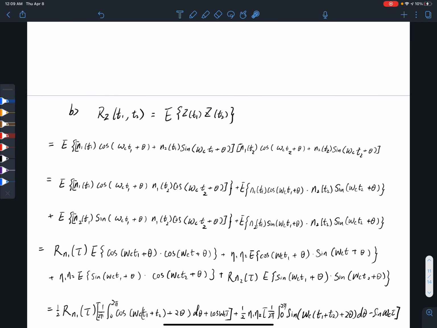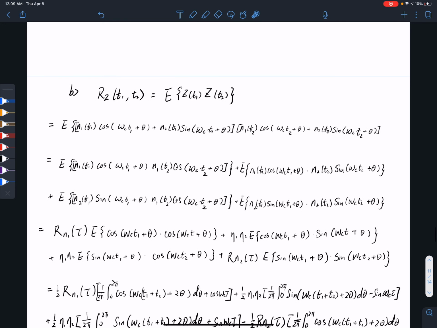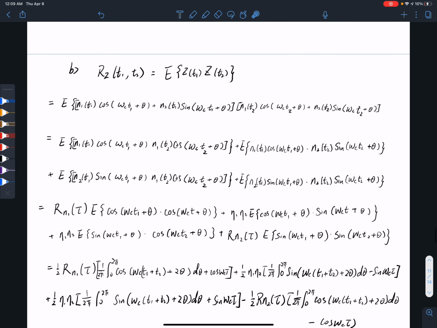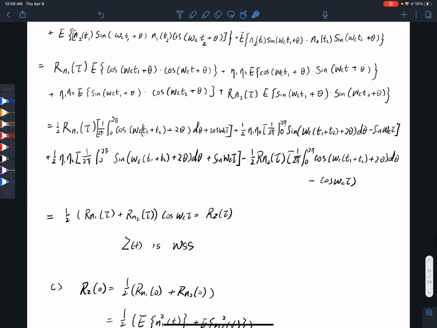After calculation, we get it's equal to R of tau, and Z(t) is WSS.